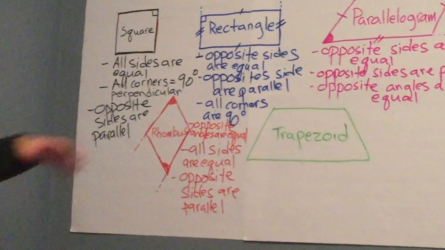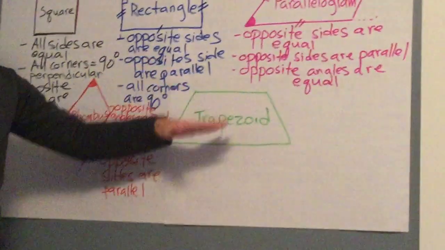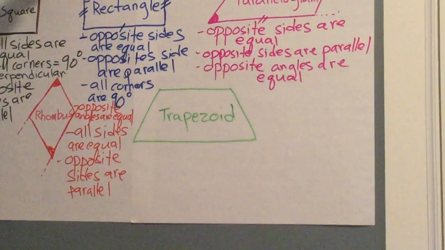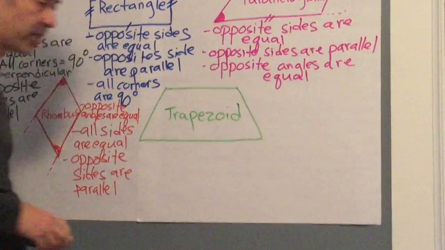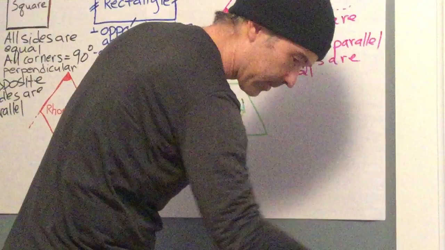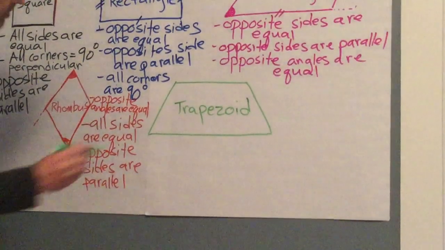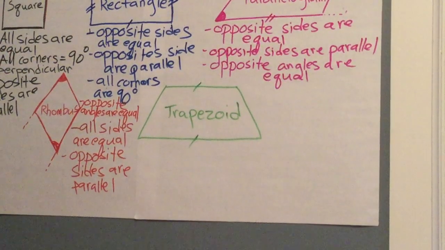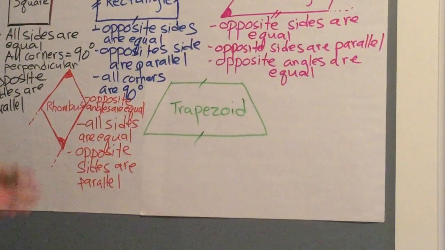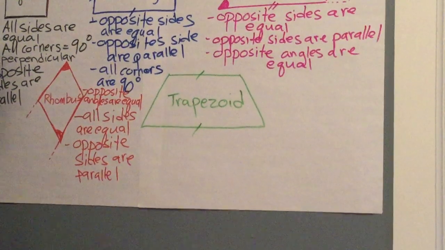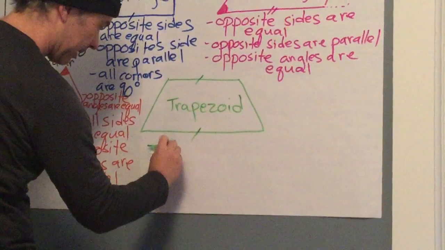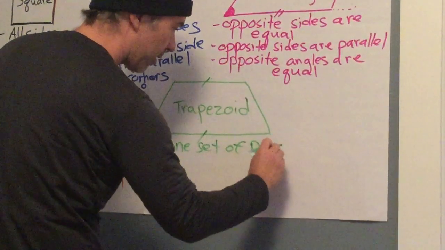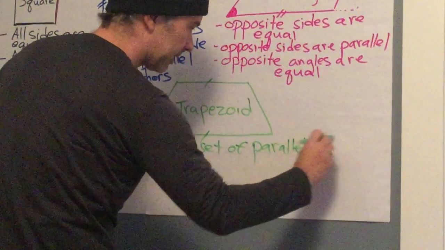Okay, now we have this last shape. It's a trapezoid. What can we describe about a trapezoid? What are the attributes to describe a trapezoid? Well, what do you notice about that side and that side? Well, I know that in a trapezoid, at least one set of parallel sides.